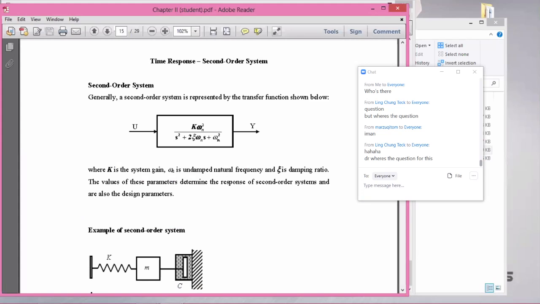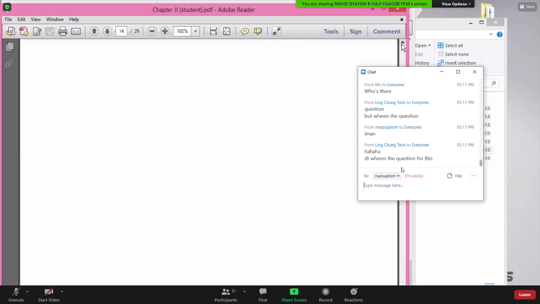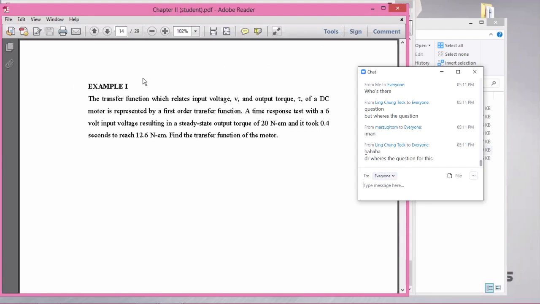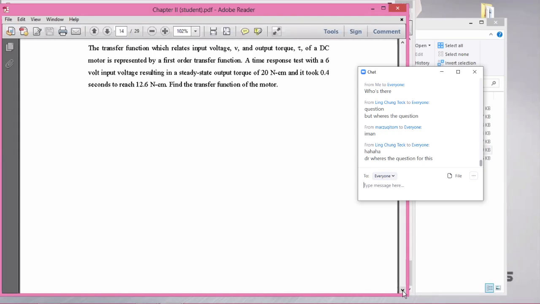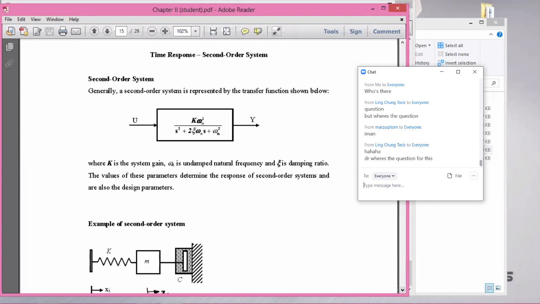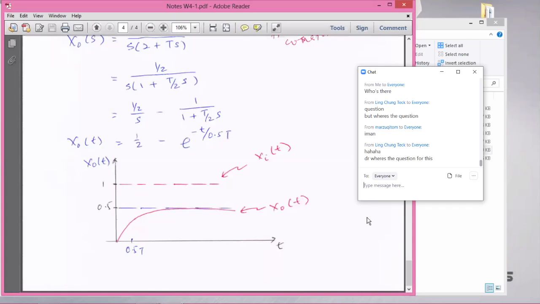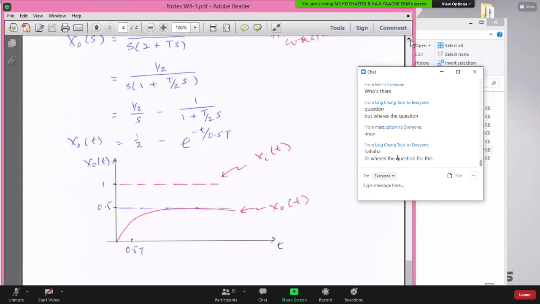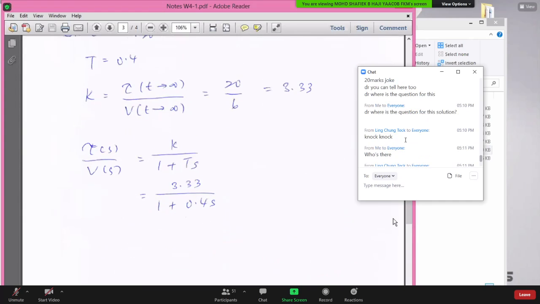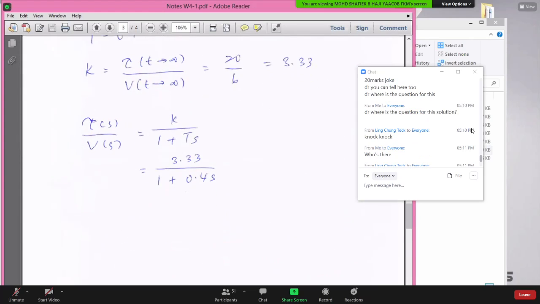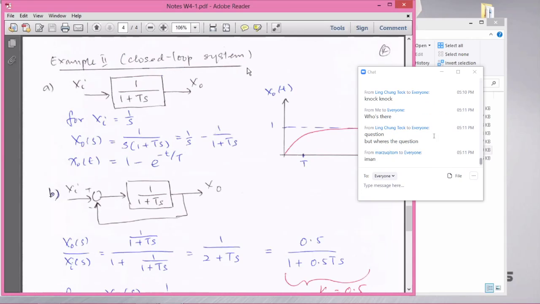There's no question for this. This is the last example for first order system. I just made an extra example, example 2, an extra closed loop system.